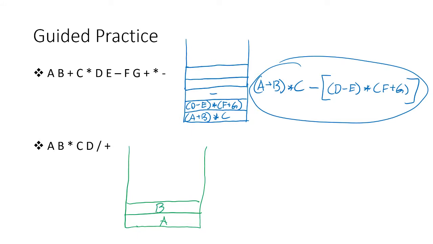You can just realize, oh, it's an operator, I'm going to have to take it off. And then B, A. B is the first thing that is popped off, so it's going to be the second operand. A is the second thing popped off, so it's going to be the first operand here. And I'm going to go ahead and rewrite that.